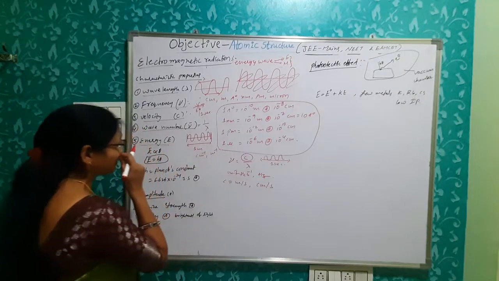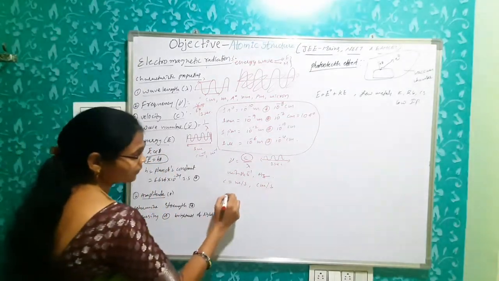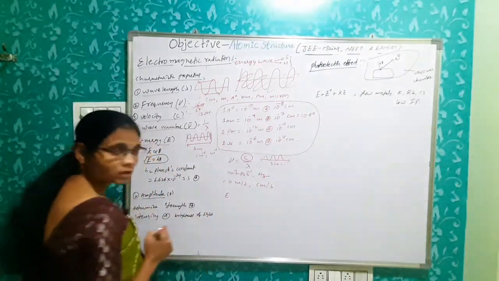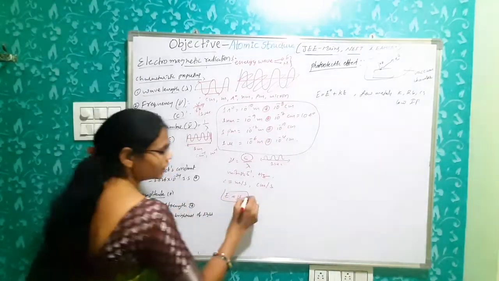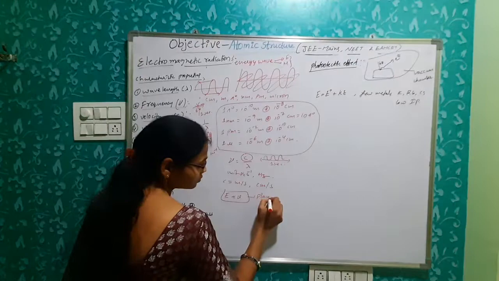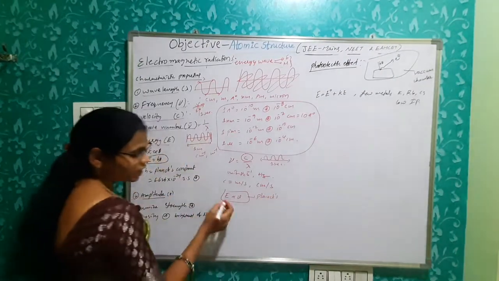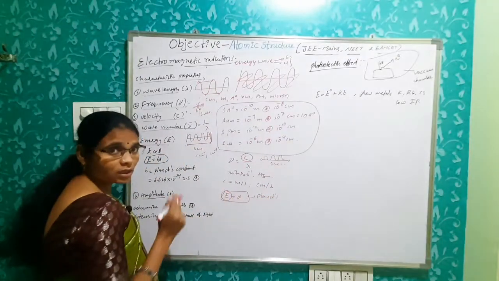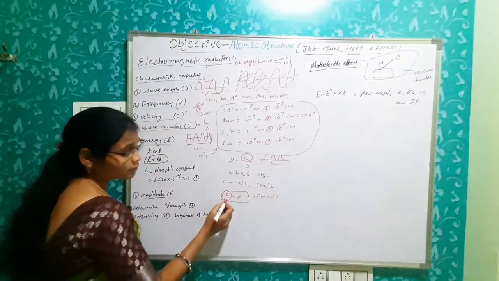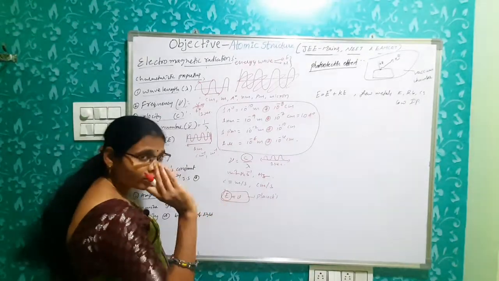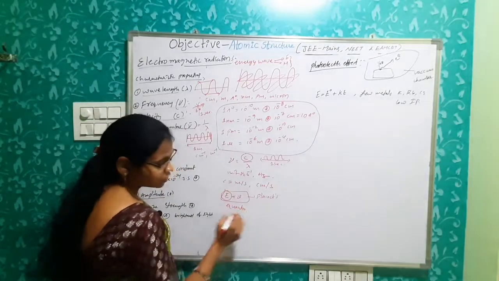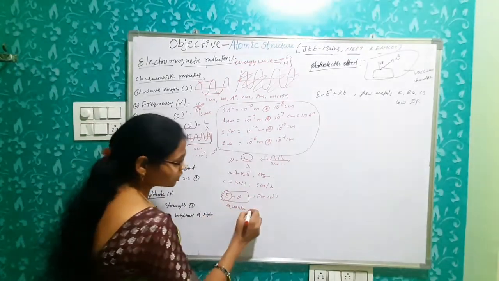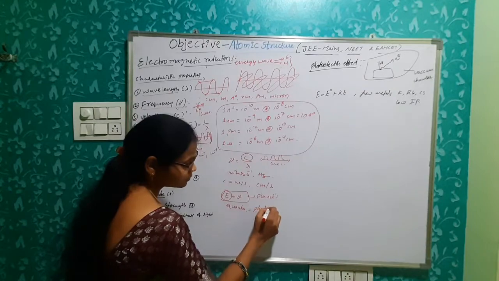Okay. Next, energy. Energy is proportional to its frequency. According to Planck, the energy of light, emitted or absorbed, comes in the form of small packets called quanta. This quanta of visible light is also known as photons.